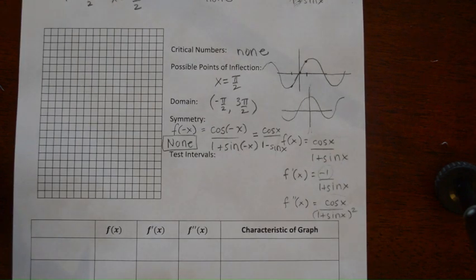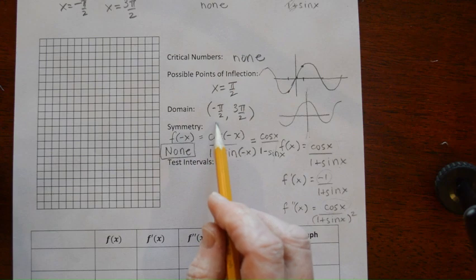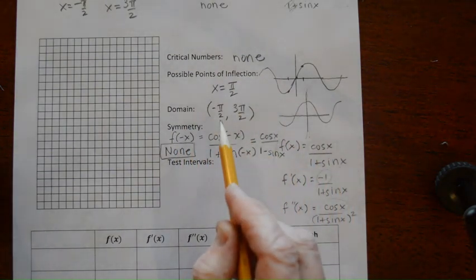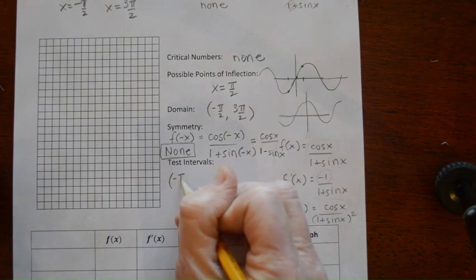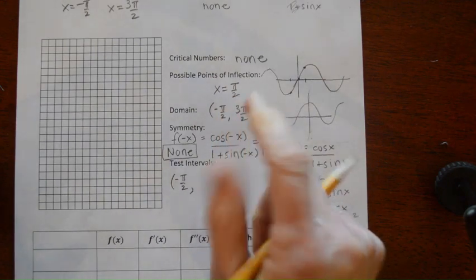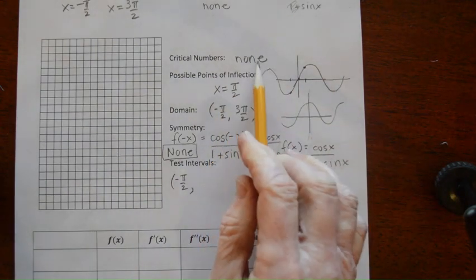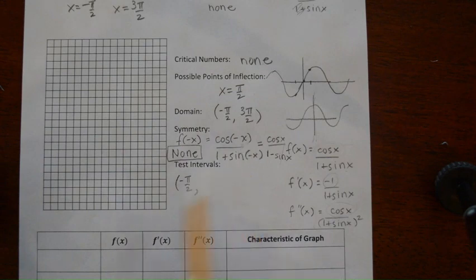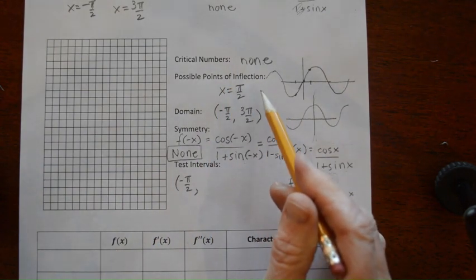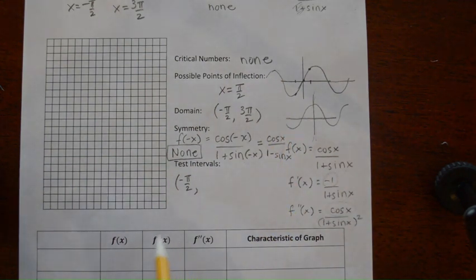Okay, so our test intervals are going to come from the endpoints of our interval, if there is an endpoint. All the ones that we've done so far have been -infinity to +infinity with certain exceptions for our vertical asymptotes. Here we're actually going to start at -π/2. Endpoints of intervals come from critical numbers, possible points of inflection, and vertical asymptotes.